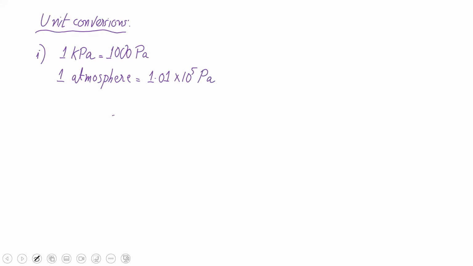These are the unit conversions. Copy these unit conversions also.